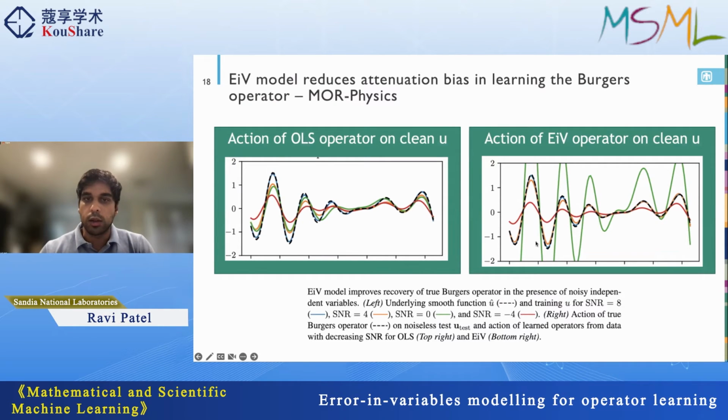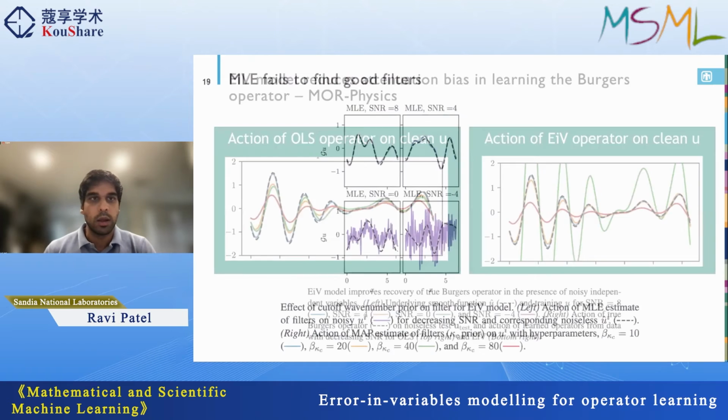But on the right side, we see that our method isn't actually robust. In certain cases, we do recover the action of the true Burgers operator better than we would have with ordinary least squares, but it has a tendency to overpredict or underpredict, so it's not very robust as shown.